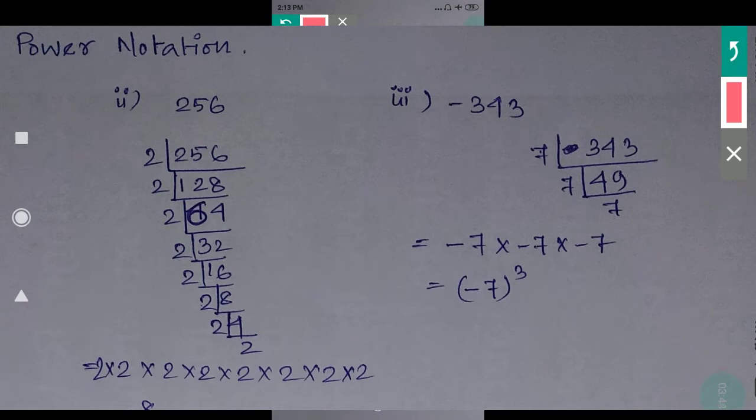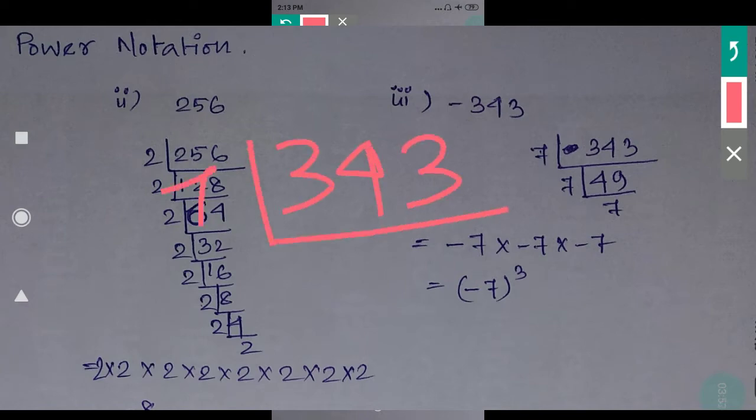So if you divide by 7, how? I'm doing it here, 343. 7 threes are 21, 7 fours are 28, 7 fives are 35, but we need 34. So 7 fours are 28.